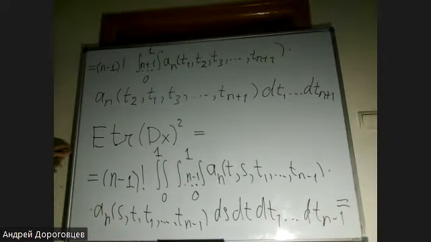This is all. So this is the final formula for the expectation of the trace of dx squared.